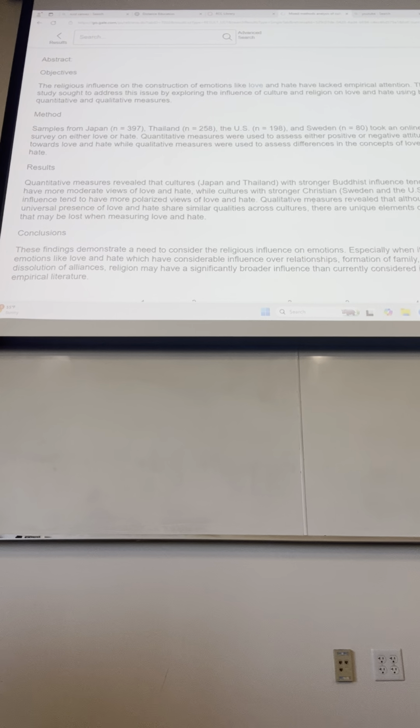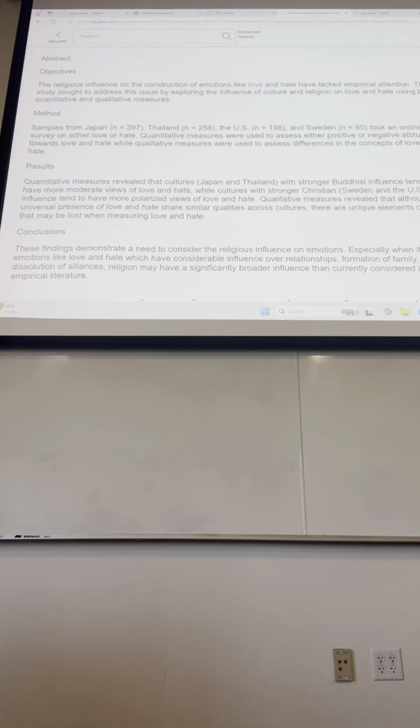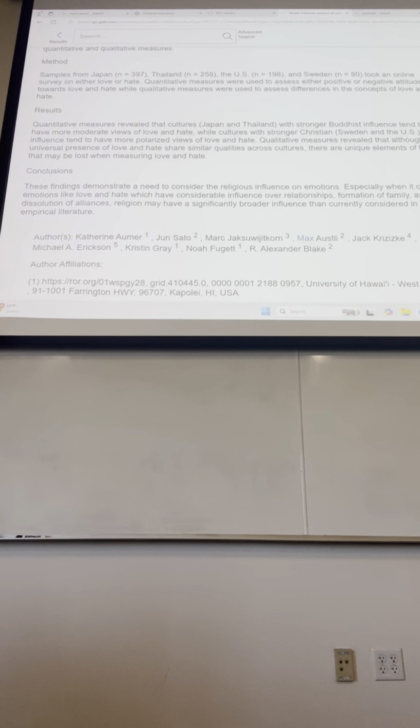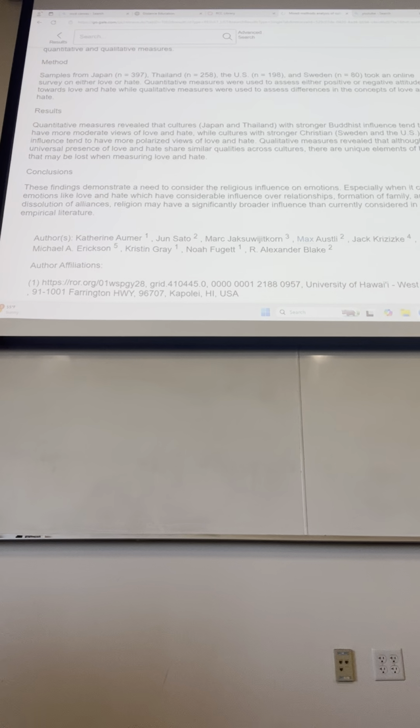The qualitative measures revealed that although the universal presence of love and hate shares similar qualities across culture, there are unique elements in both that may be lost when measuring love and hate. So the qualitative is able to capture those things that the quantitative isn't when it comes to how people are thinking and feeling.